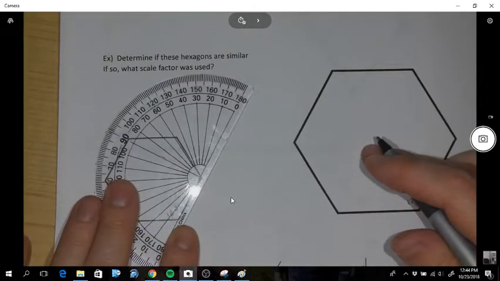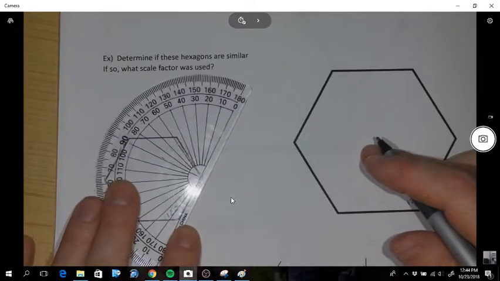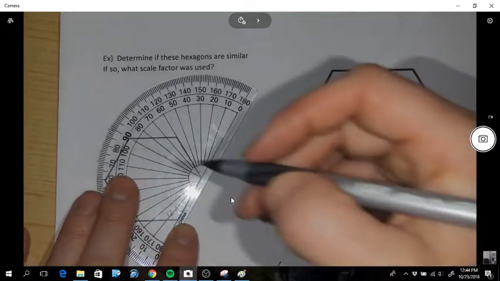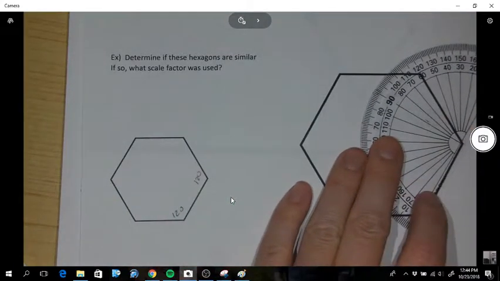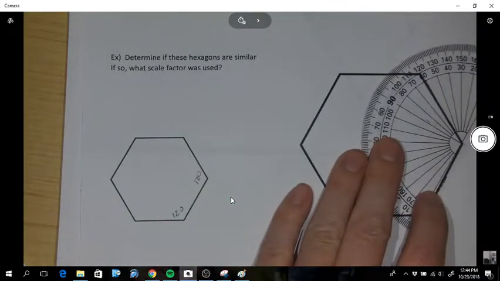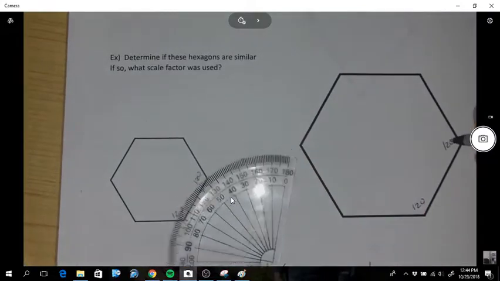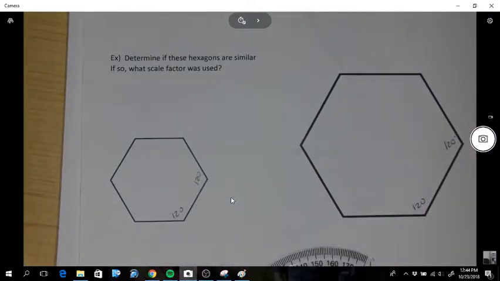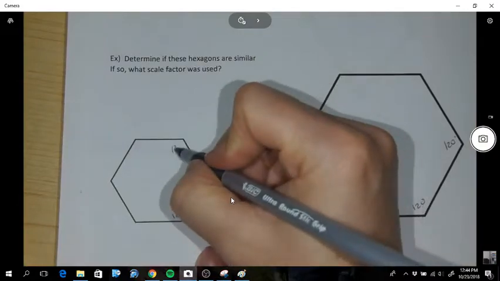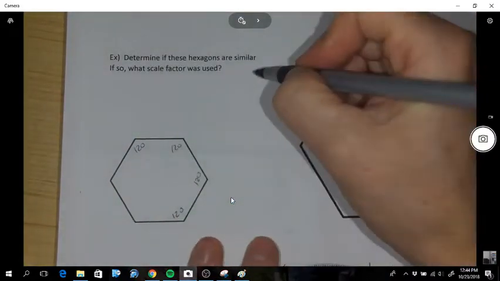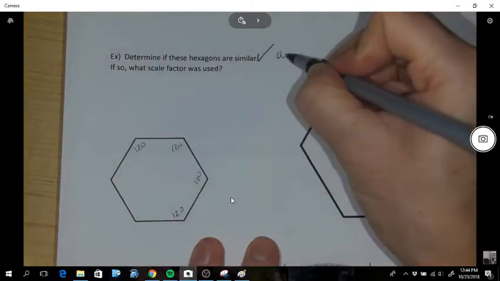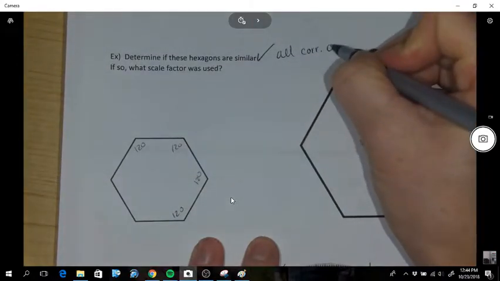And then when I measure this, it's 120. I measure this, it's 120. Okay, so you can see, I'm just going to continue that pattern. This happens to be that they're all 120. So they are similar. All corresponding angles are equal.